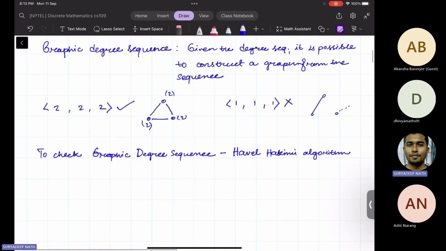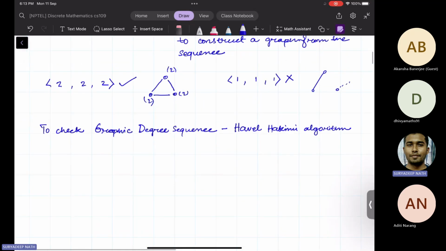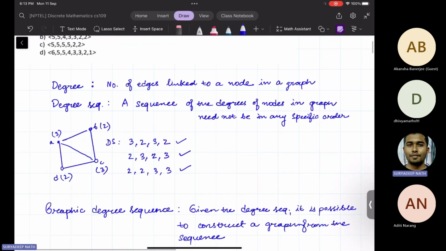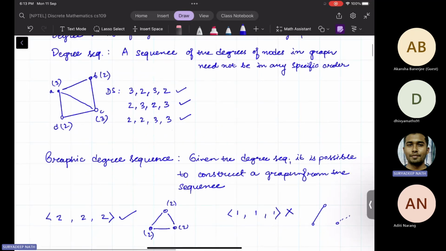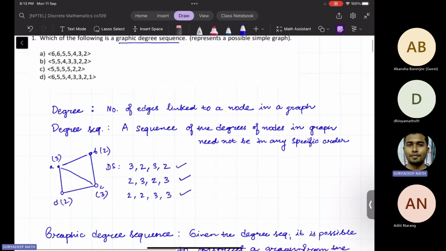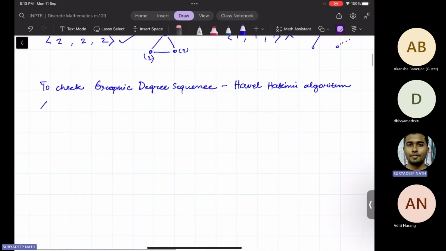So what we do is, let's say we pick option A. Let me write it down: 6 6 5 5 4 3 2. So the sequence is as follows.